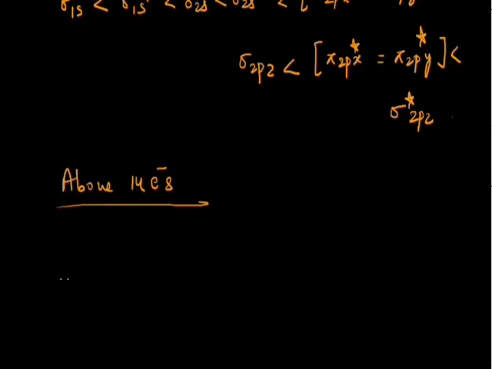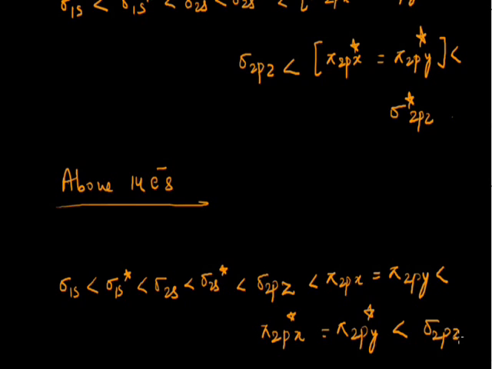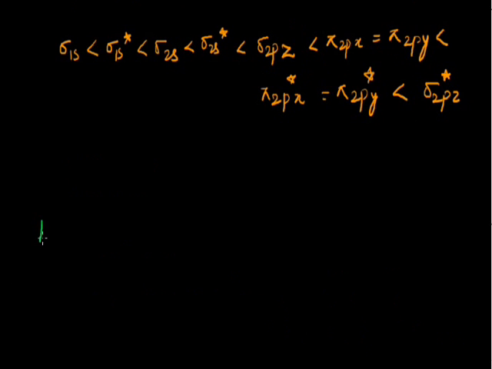Now the order above 14 electrons is sigma 1s, sigma 1s star, sigma 2s, sigma 2s star, sigma 2pz now comes before pi 2px equal to pi 2py, pi 2px star equal to pi 2py star, which is less than sigma 2pz star. Electronic configuration of molecules we will see now.